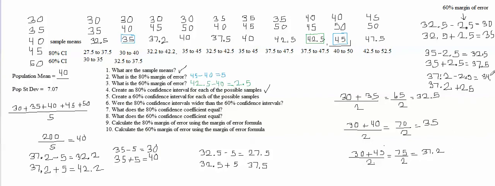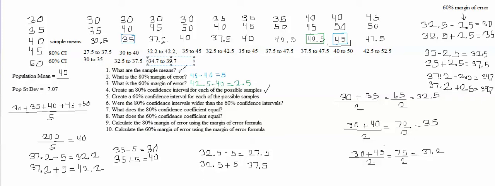And when you add, you get 39.7. So 34.7 to 39.7.